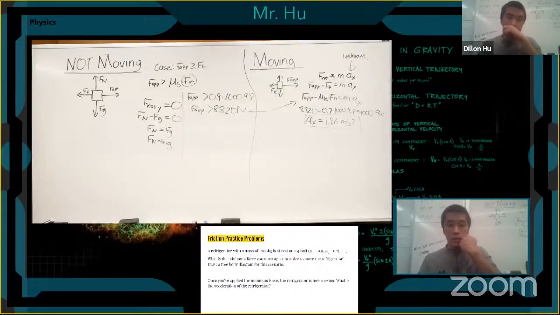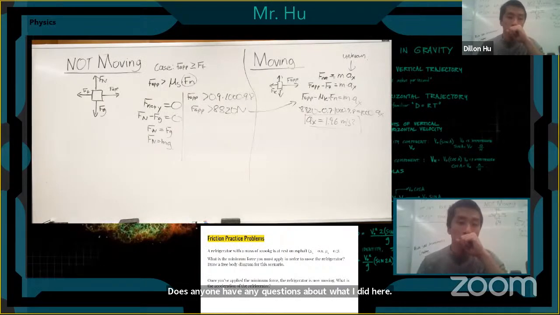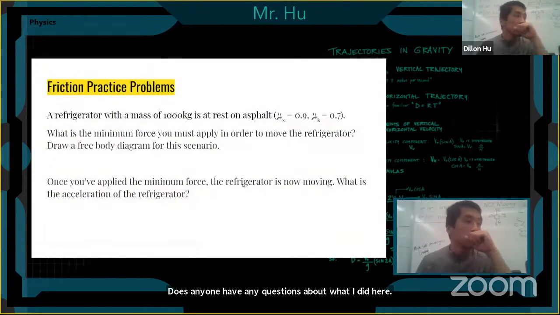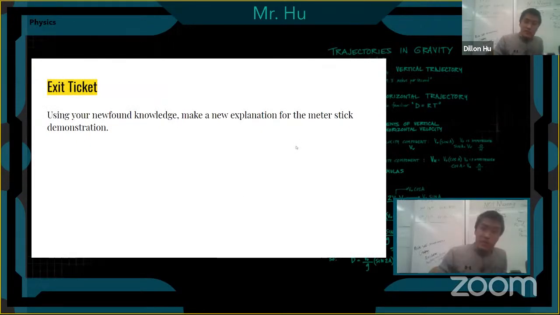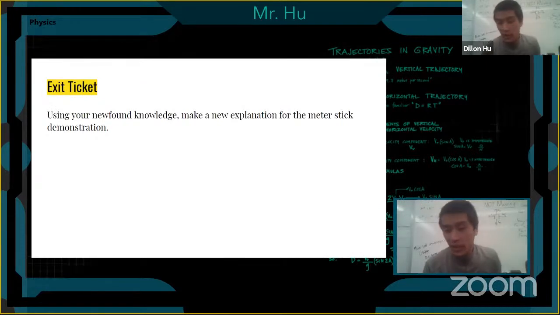Okay, so before you start the assignment, I want you to spend a few minutes revisiting your meter stick explanation from Tuesday, where we tried to explain what happened in the meter stick.